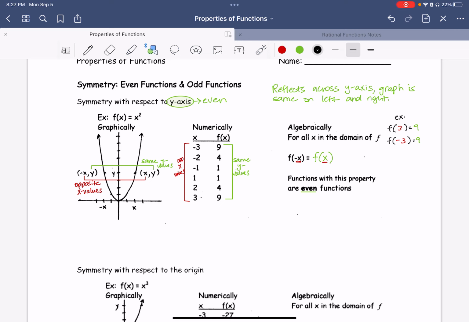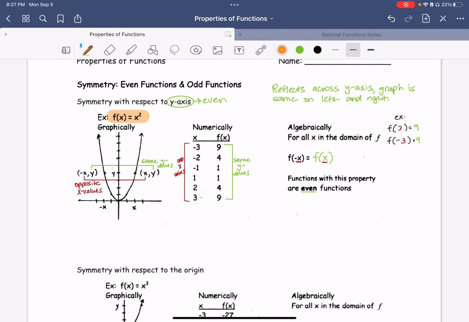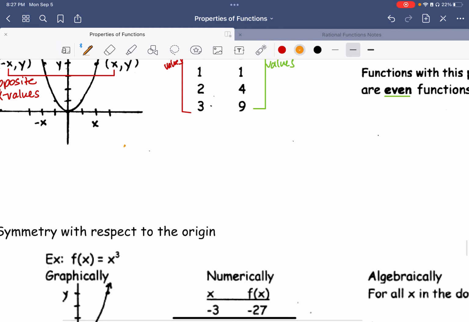Okay, so right here we have the original function f of x equals x squared. So I'm going to come down to the bottom and write the original function in orange, which is f of x equals x squared.